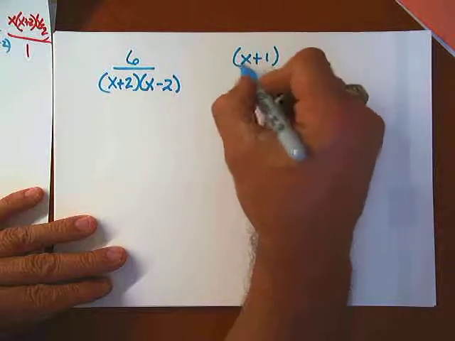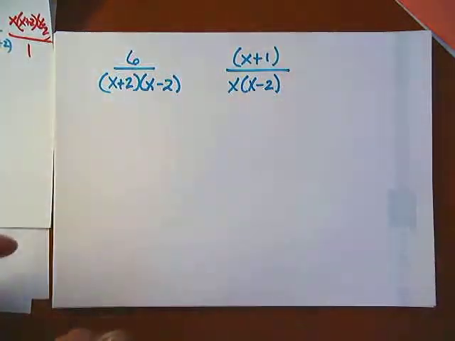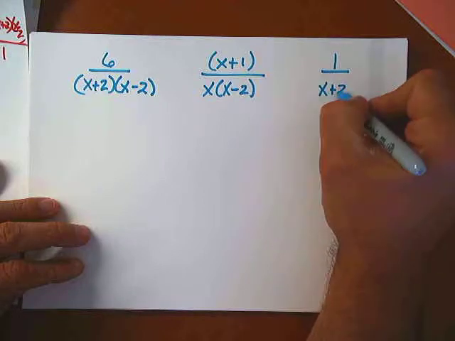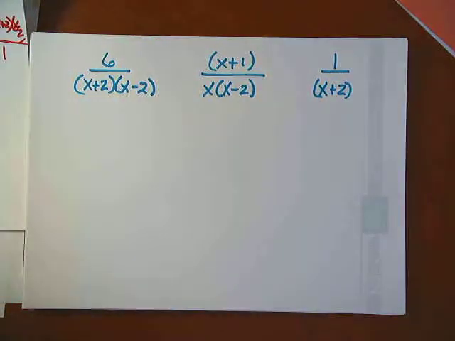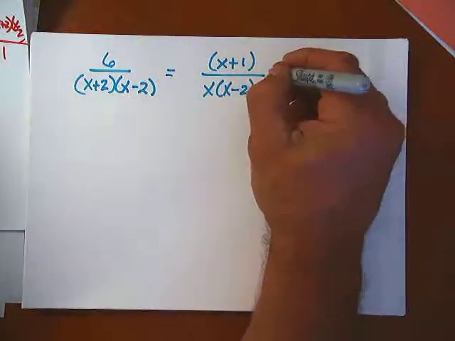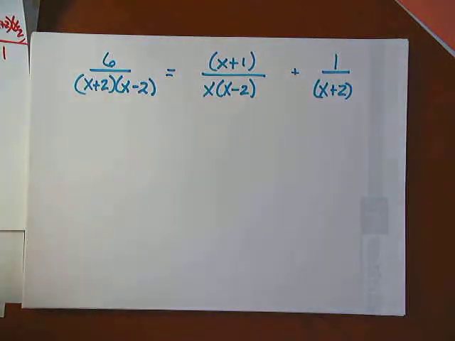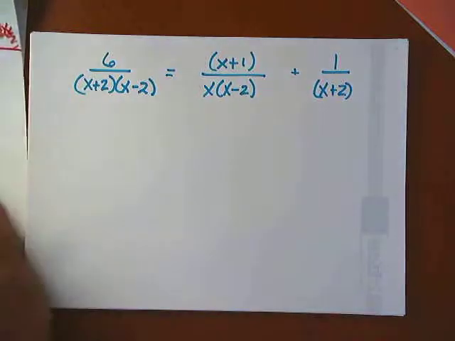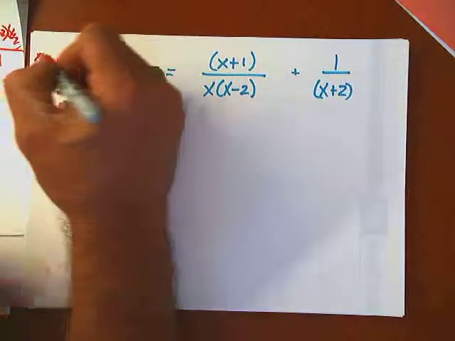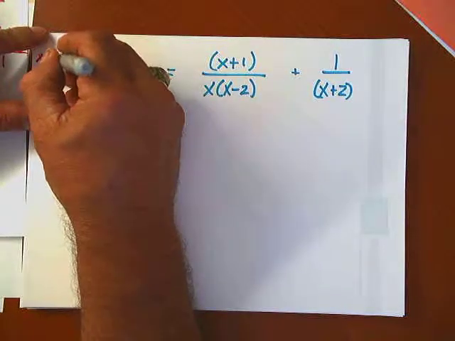Alright, let me rewrite what I just did. Okay, 6 over x plus 2, x minus 2, and then x plus 1 over x times x minus 2. Let me go ahead and do the last one, and then 1 over x plus 2. Alright, so there's our equation, and that's equal to, and plus. I'm just going to put the plus in the middle because I don't know where I'm going to put everything else.